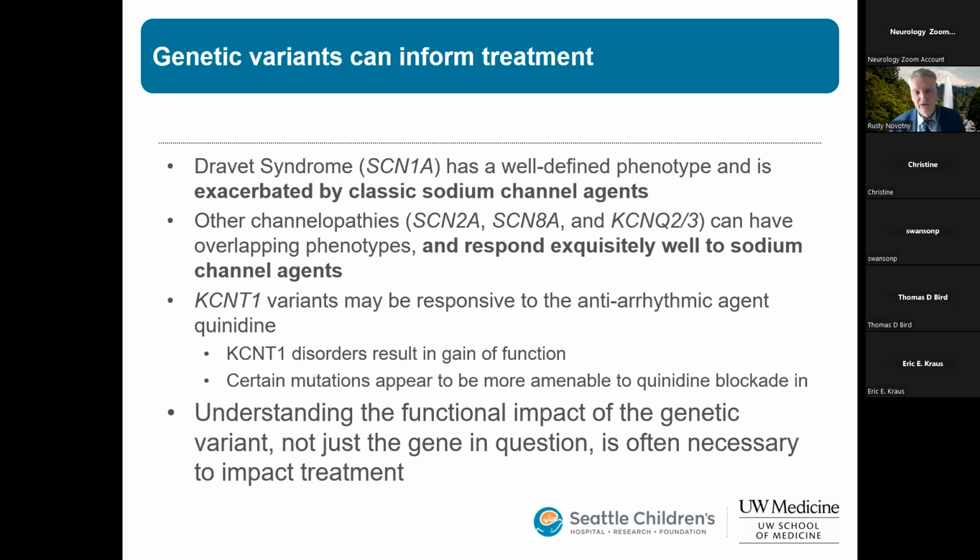Whereas there are other ion channelopathies, such as SCN2A, SCN8A, and the potassium channels, that are exquisitely responsive to sodium channel agents. So when we identify those at a genetic basis, we can target therapy based on studies that are ongoing and on epidemiological studies. KCNT1 is a pathogenic variant that responds to quinidine.